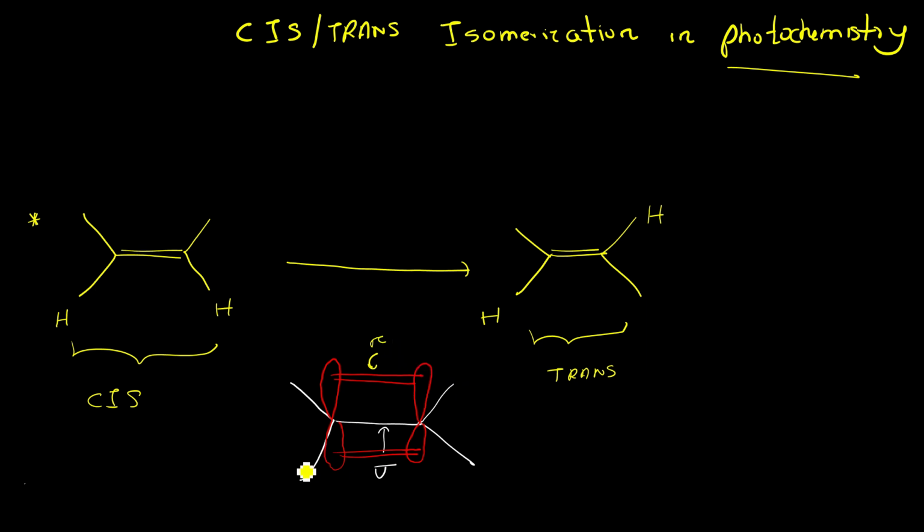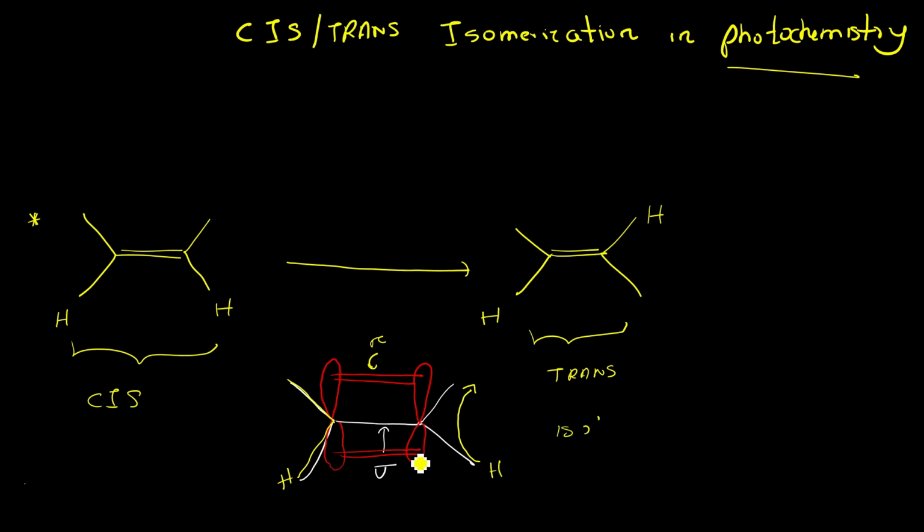Now here we have the cis. In order to obtain the trans, you need to rotate this part of the molecule like this while holding this part still. You do not change this part, you only rotate this hydrogen to here. So you just need to rotate this particular bond by 180 degrees.